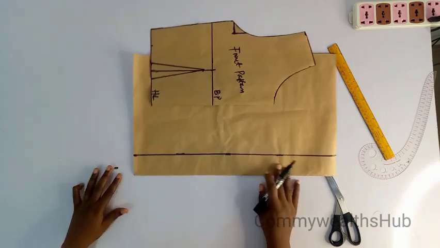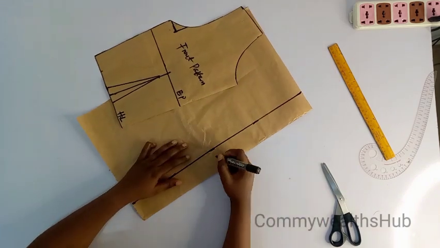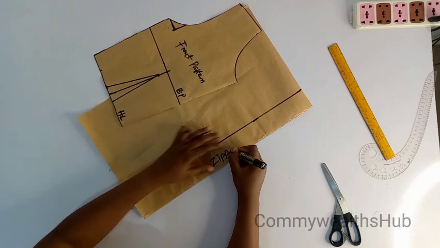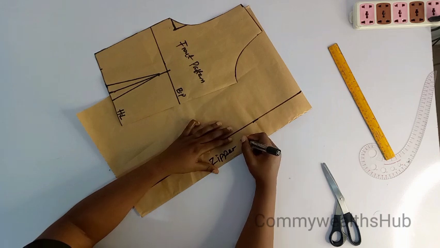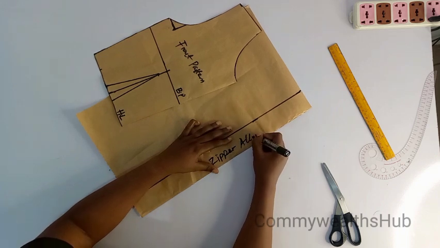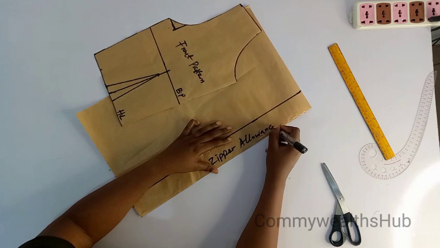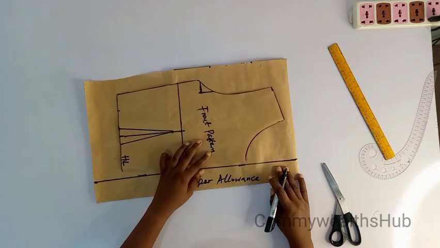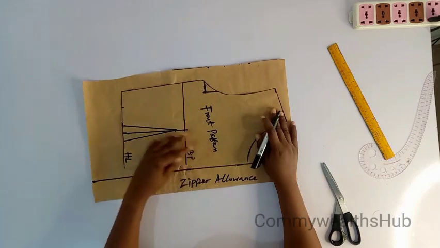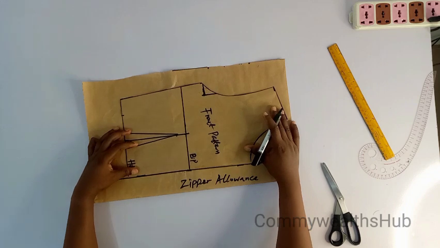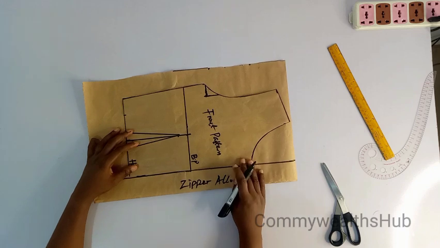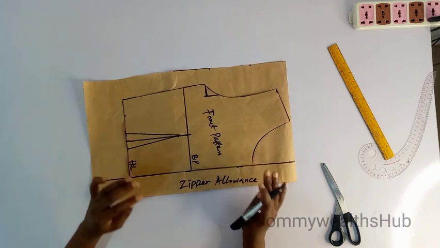Now we have created our zipper allowance, so I'm just going to label it. This is our zipper allowance. Now you're going to place the front pattern at exactly the line where your zipper allowance is, and make sure it is properly placed.